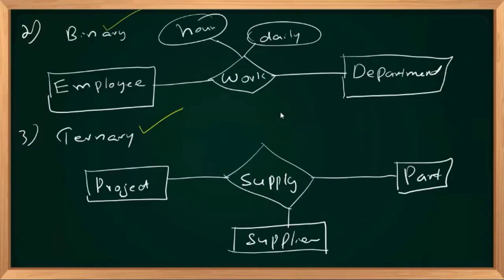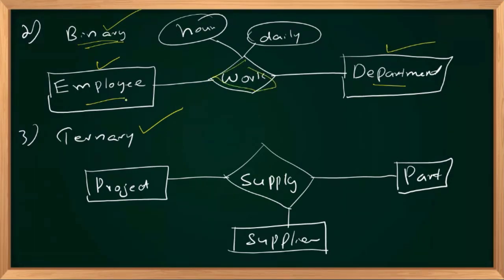Second one is the binary relationship. Binary means consisting of two entities. For example, employee and department. Employee is one entity, department is another entity, connected by a relationship.